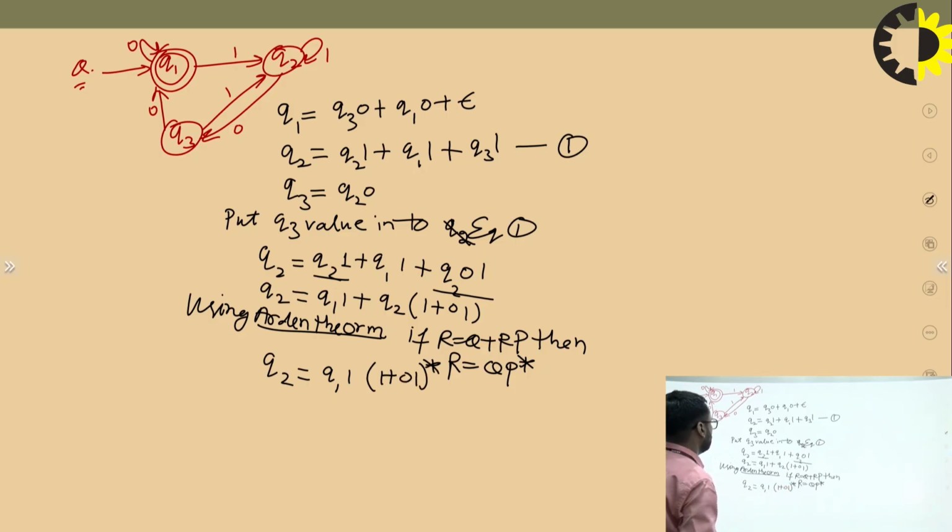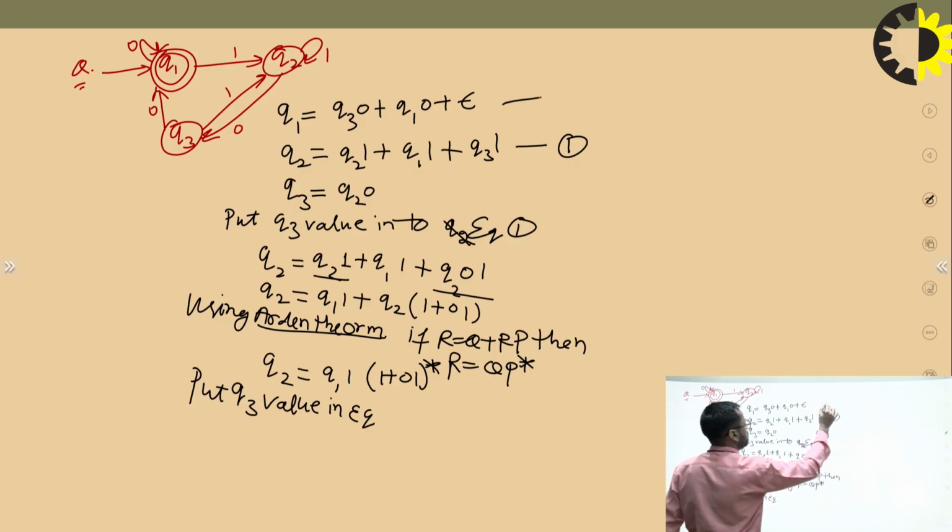Okay, so next we put the Q3 value in equation number 2.